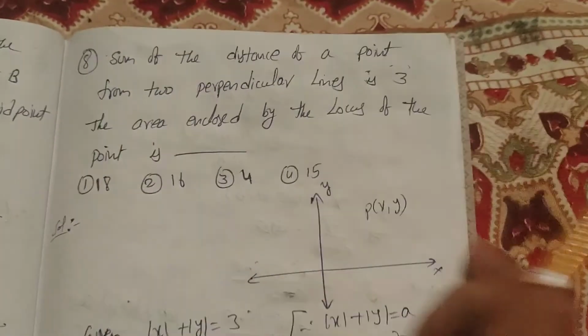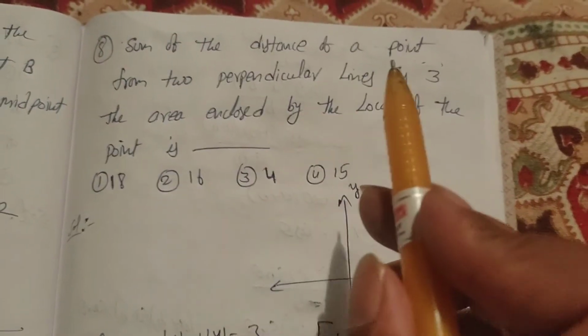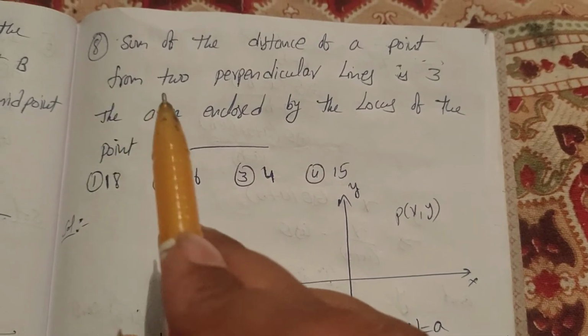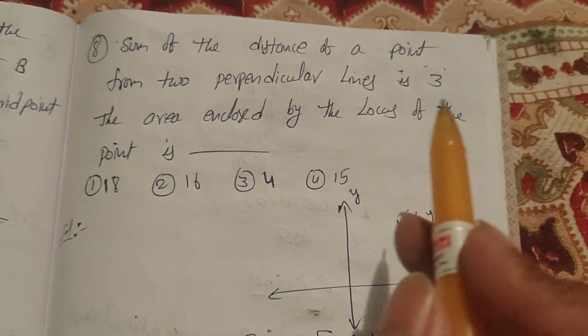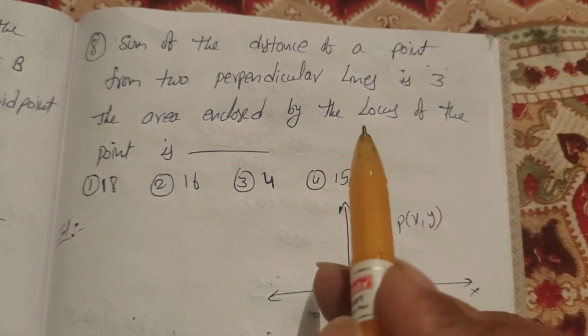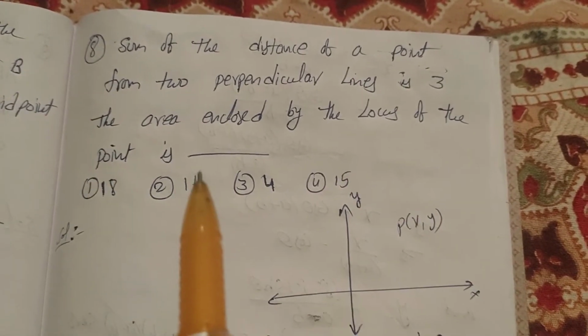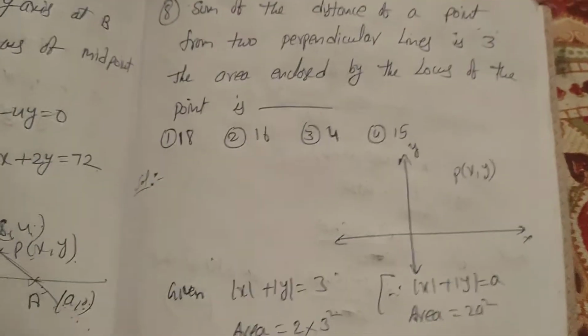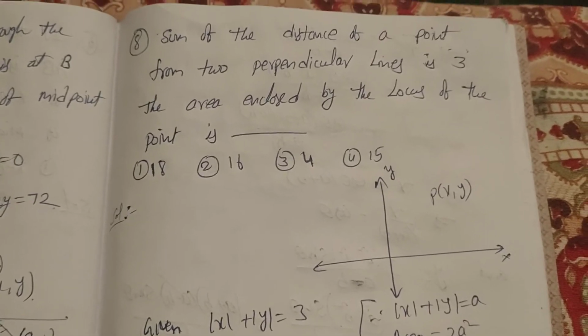Next question: the sum of the distances of a point from two perpendicular lines is 3. The area enclosed by the locus of the point is what? See, I already gave this application.